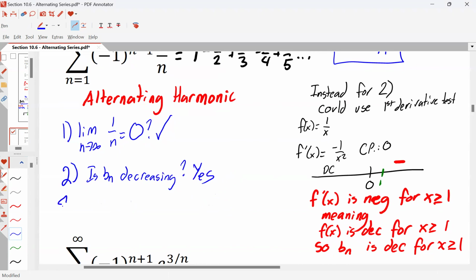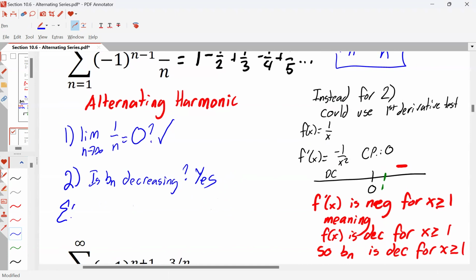And so the series, negative 1 to the n minus 1, from n equals 1 to infinity of 1 over n, converges because both the properties are met by the alternating series test.